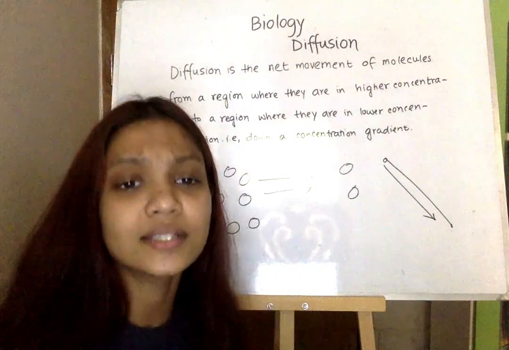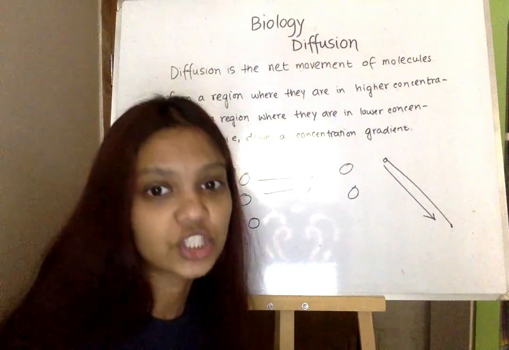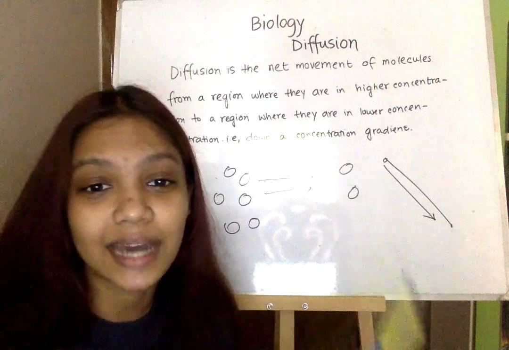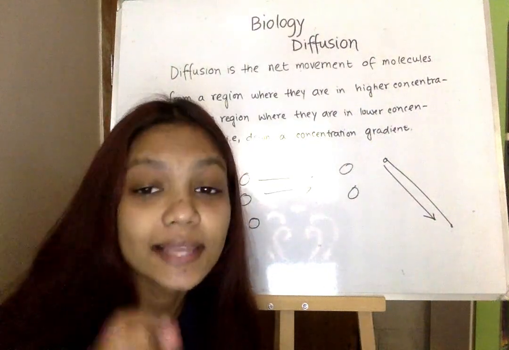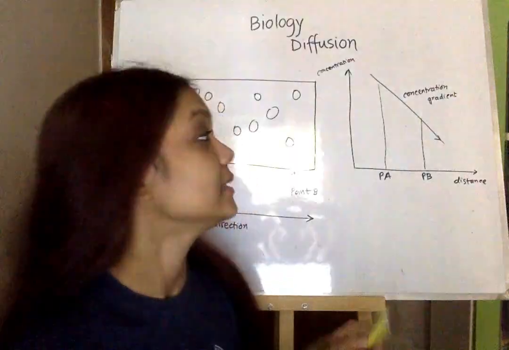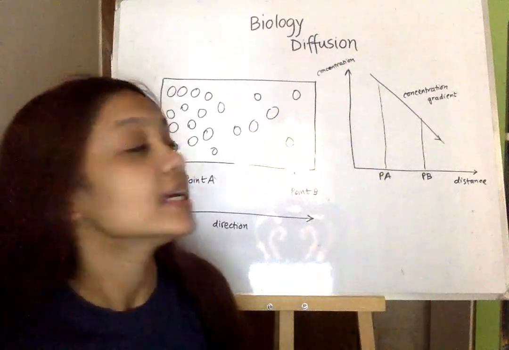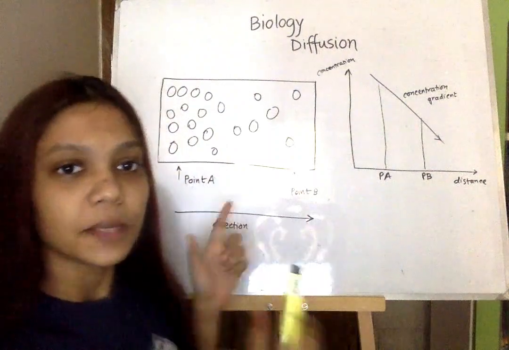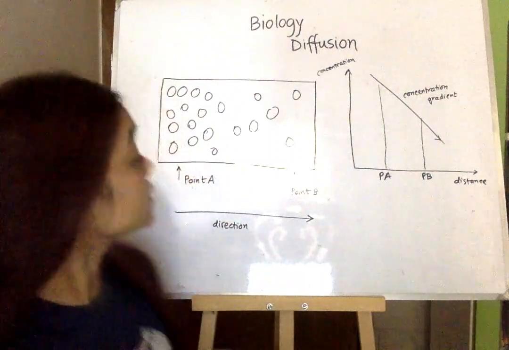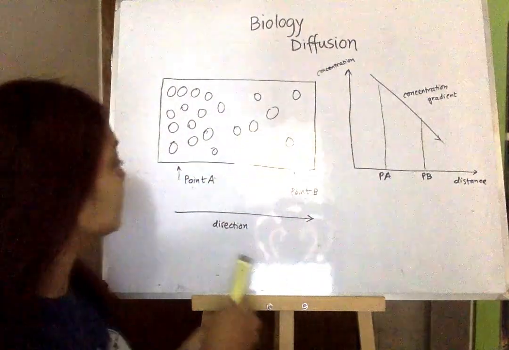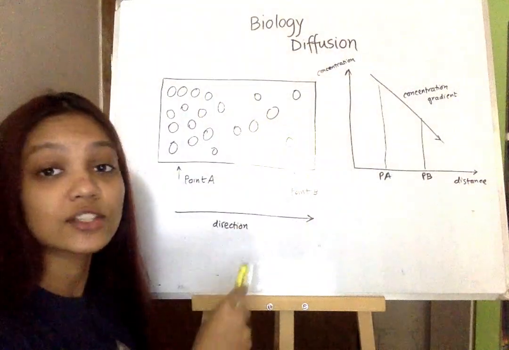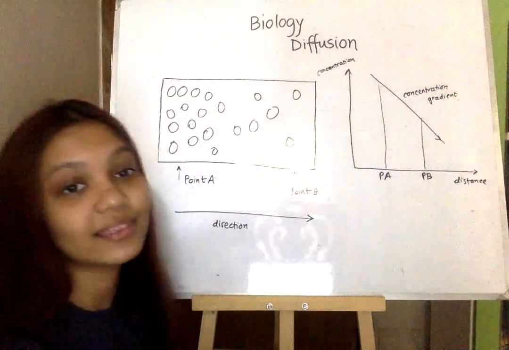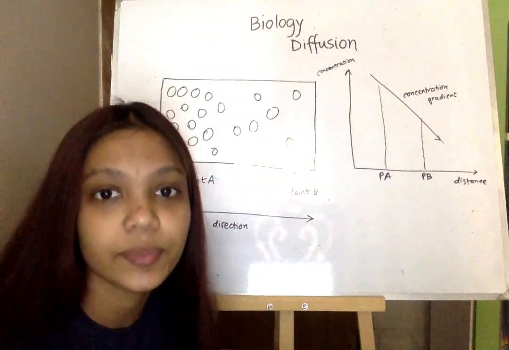Now, the best way to understand diffusion is to picture it as the random movement of molecules down a concentration gradient. Let me draw a diagram. Now look at this figure. This graph shows a concentration gradient. The substance that we are interested in is more concentrated at point A than at point B, because it has more molecules.